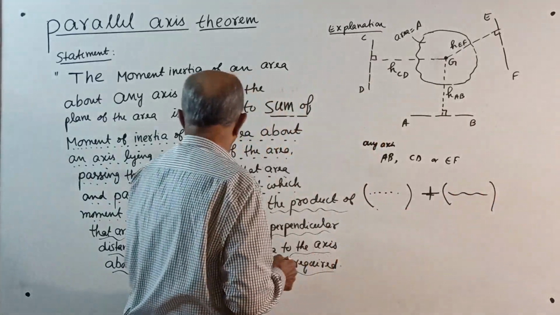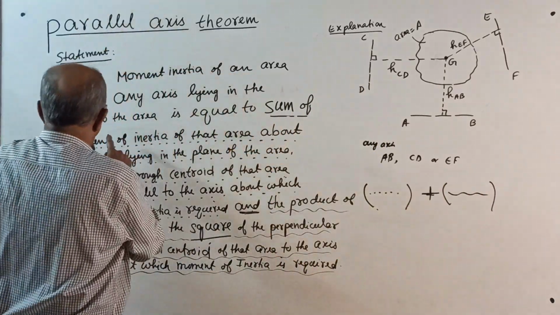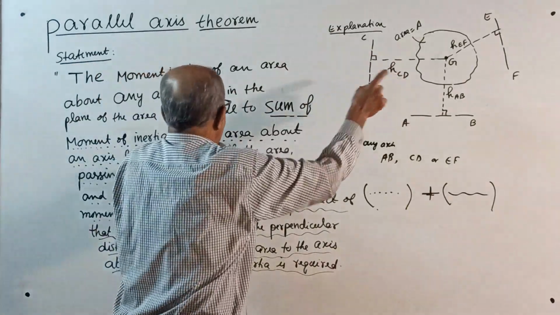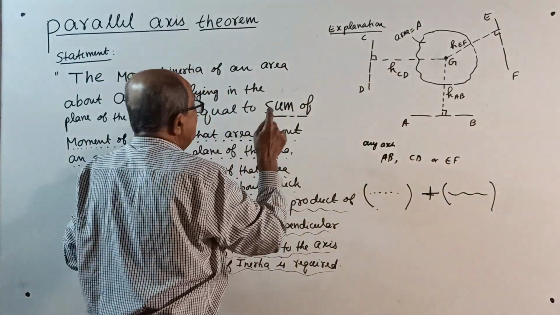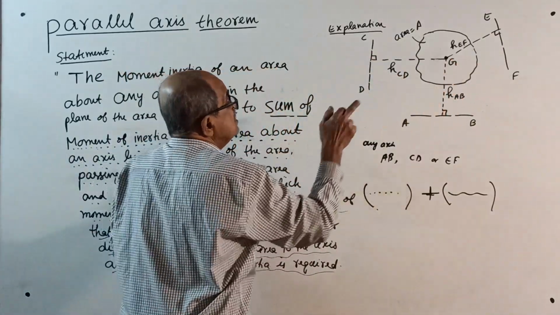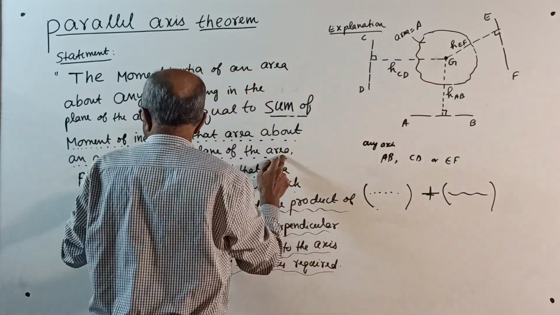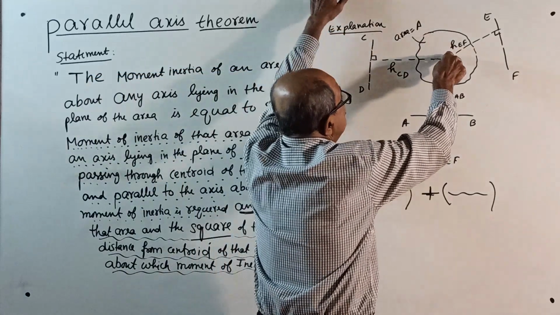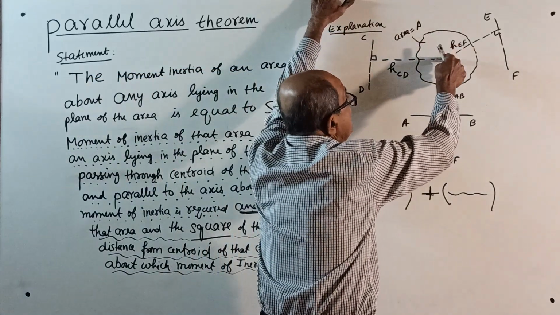Sum of the moment of inertia of that area about an axis lying in the plane of the area, not something like this, and passing through the centroid of the area. Come to the centroid.